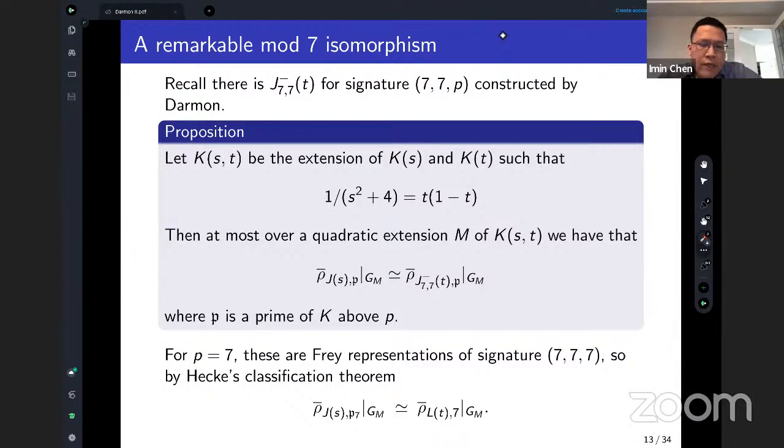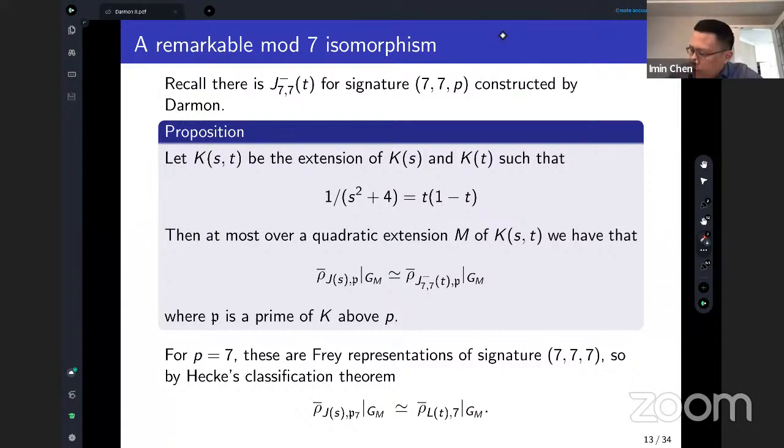If we specialize to the case of p equals 7, then we get a Frey representation of signature (7, 7, 7). And as was mentioned in previous talks, by a classification theorem by Hecke, this has to arise from the Legendre family of elliptic curves.